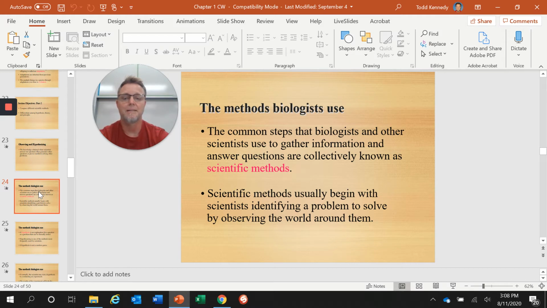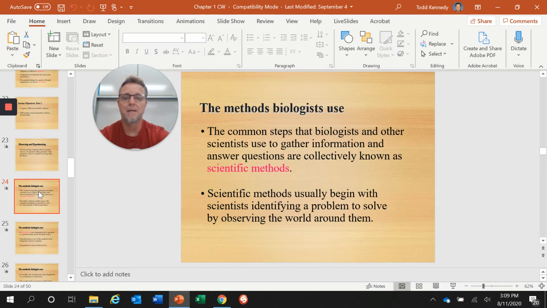If we just went at answering problems, answering questions with any kind of process, as opposed to one that's common from science to science, someone could argue that the results that we get were only because of the way we went at answering the question, right? That's what's called experimental error. So that's the one thing that we want to avoid. So having a common set of steps helps eliminate error in the experimental process.